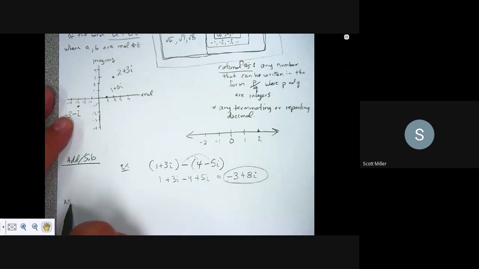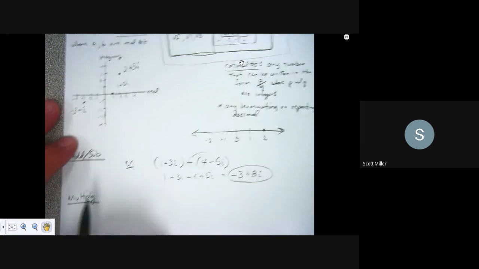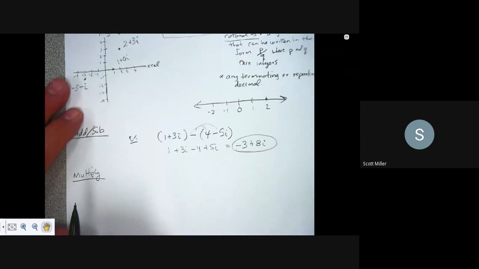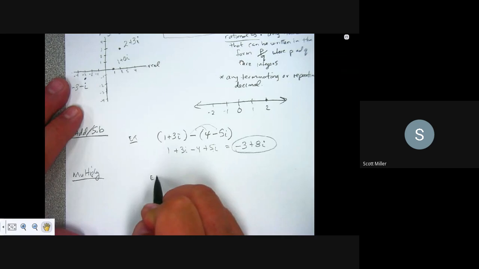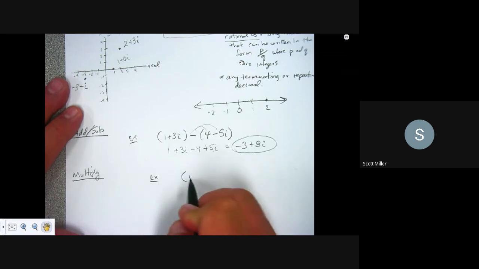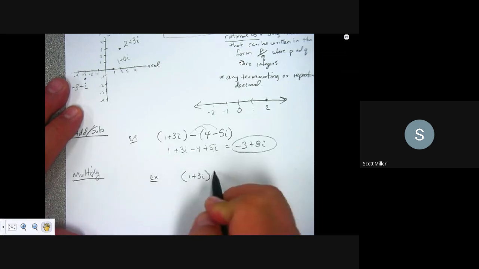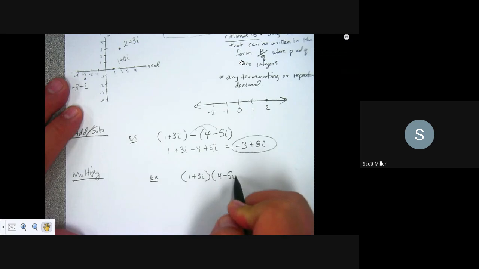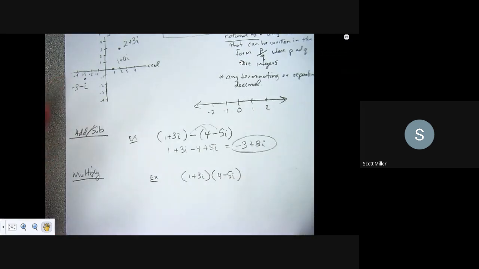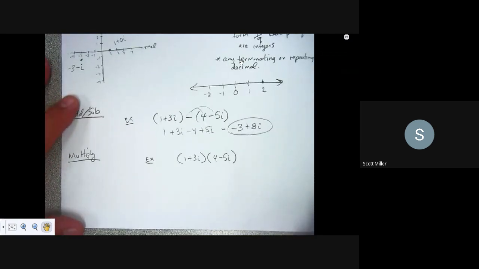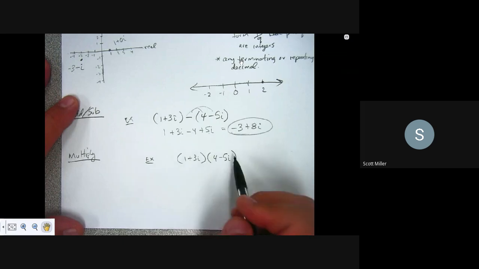How do I multiply? Okay, well, let's do the same thing. Here's the same ones. What if I want to multiply (1 plus 3i) times (4 minus 5i)? I bet you can kind of see the technique that's going to pop up real quick here. You're just going to distribute this using the distributive property.